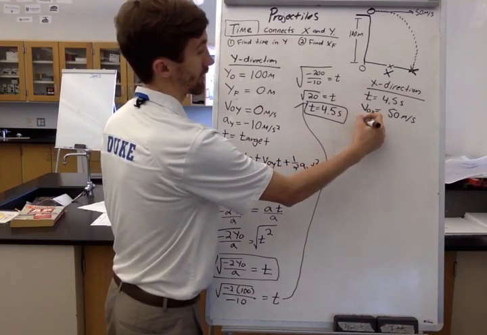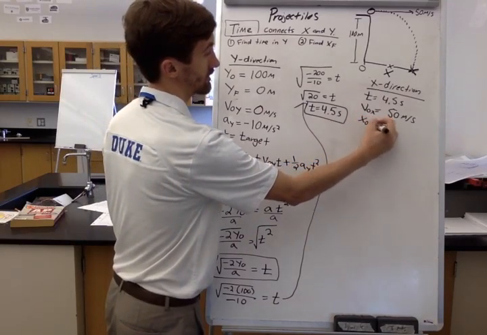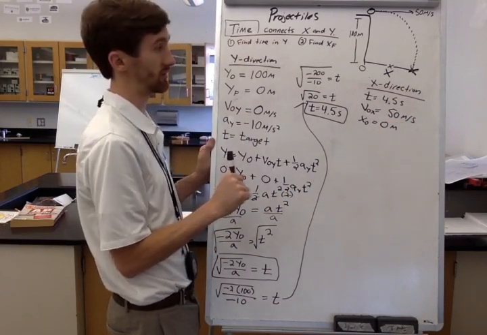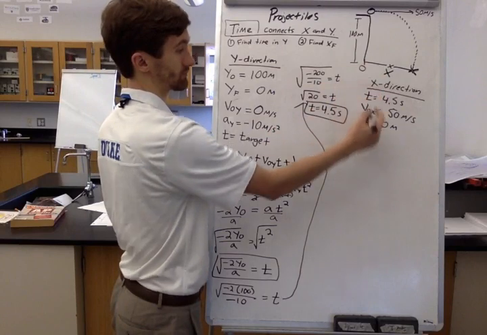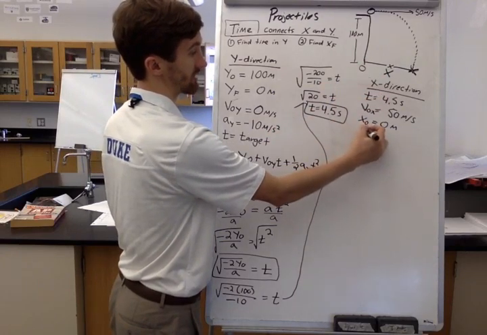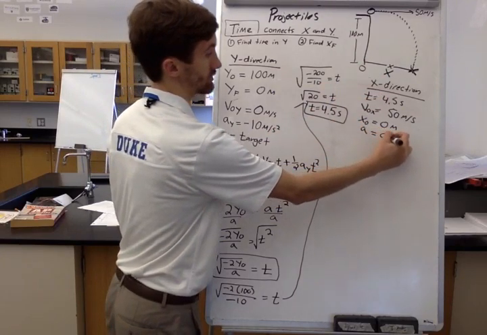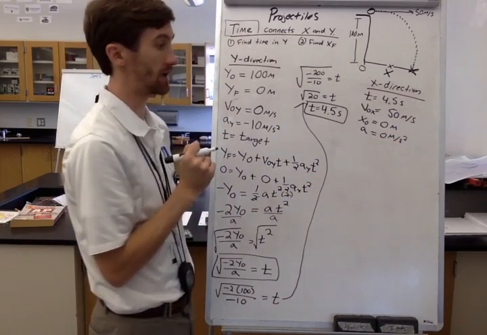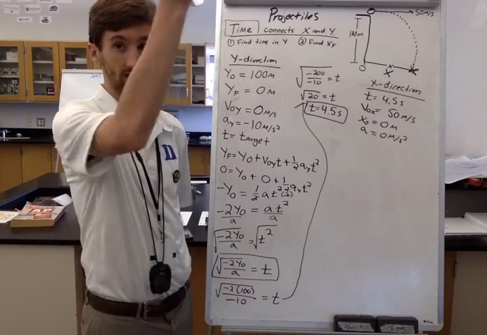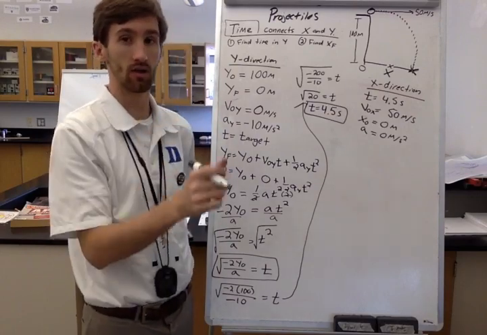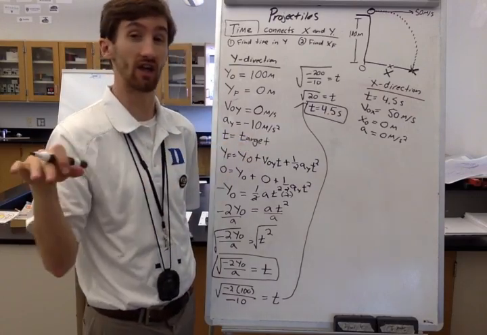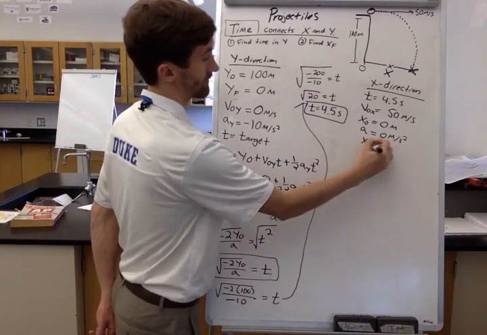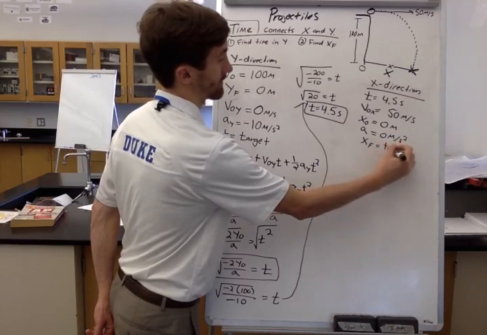We know that our starting position is 0 meters, because we start here at the base of the cliff, here at 0. Acceleration is equal to 0 meters per second squared, because when we have a flying object or projectile, there's acceleration in the y direction, but there's no acceleration in the x direction. So acceleration is 0, and our target is final position.